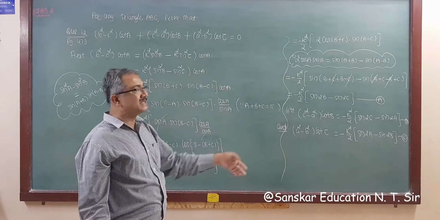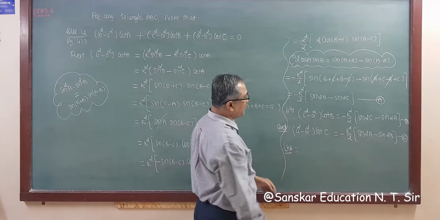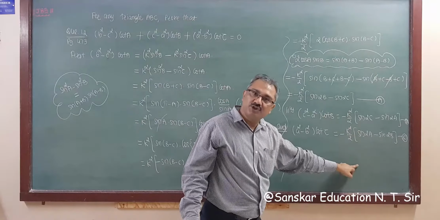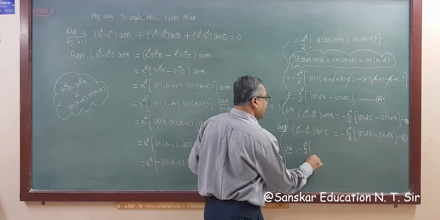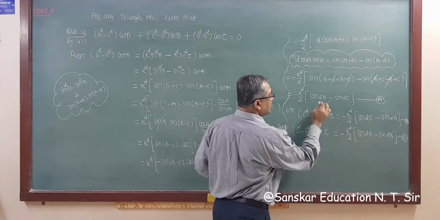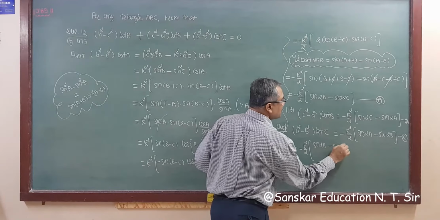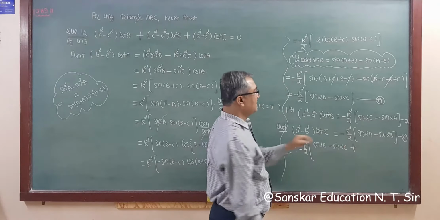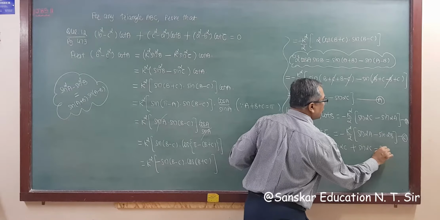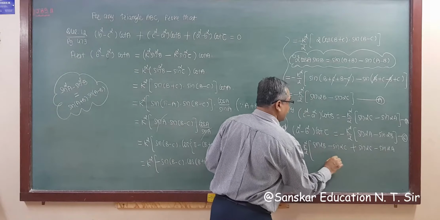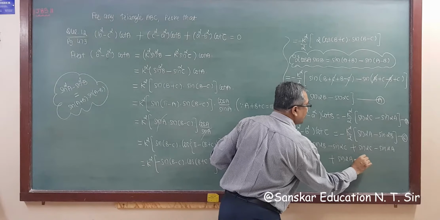So adding these three results, that is our left hand side. So left hand side will be, now from all three results there is a minus k square by 2 common. So taking minus k square by 2 common and writing remaining terms, that is sine 2B minus sine 2C plus sine 2C minus sine 2A and plus sine 2A minus sine 2B.